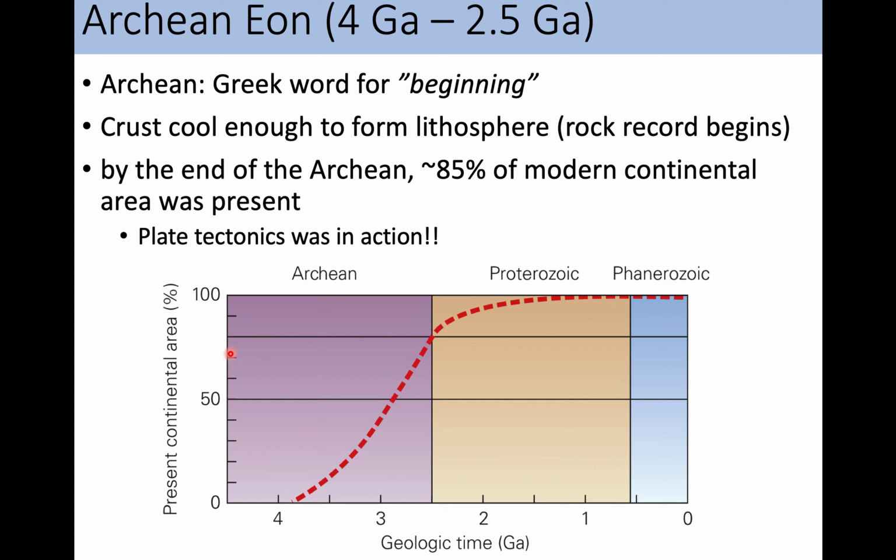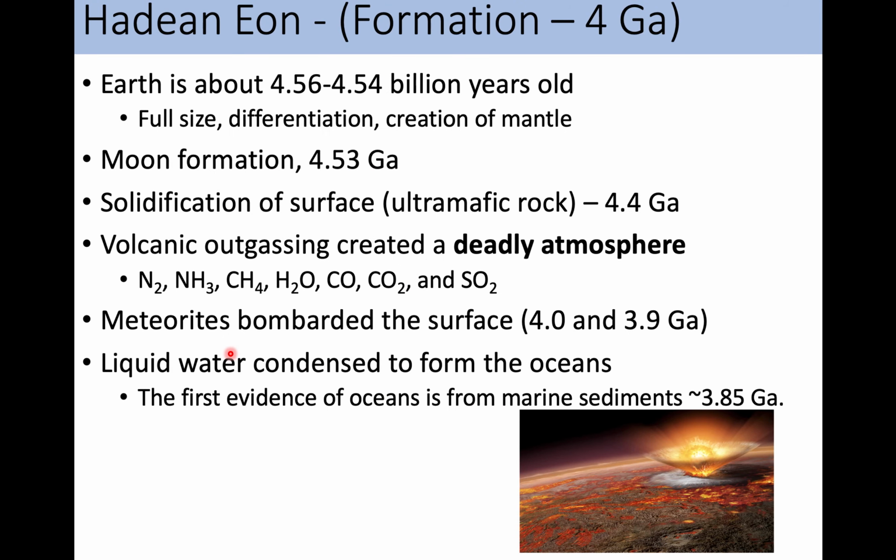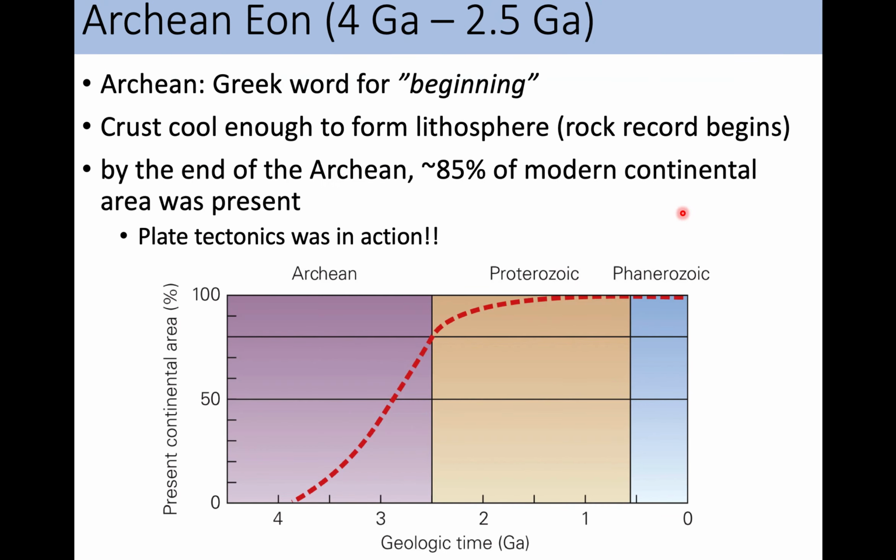So it didn't stick around on the surface. The surface in the Hadean Eon, yes, it was solidifying, but it wasn't staying around because the mantle layer was too hot. There was still a lot of motion.